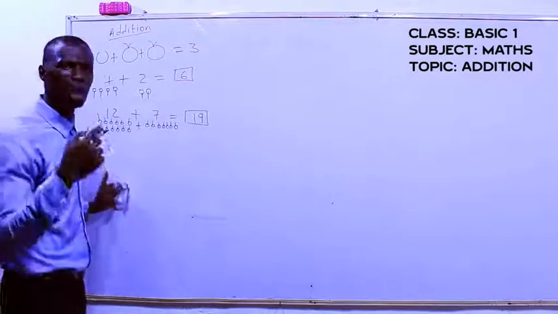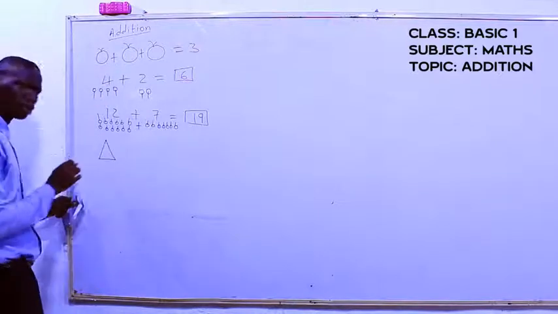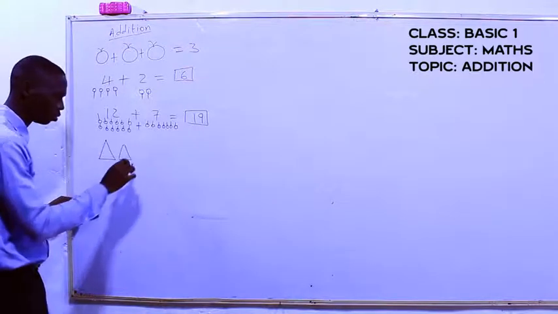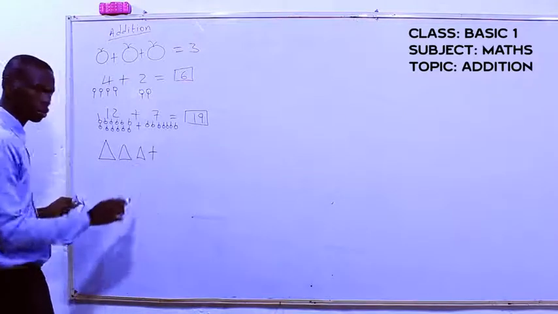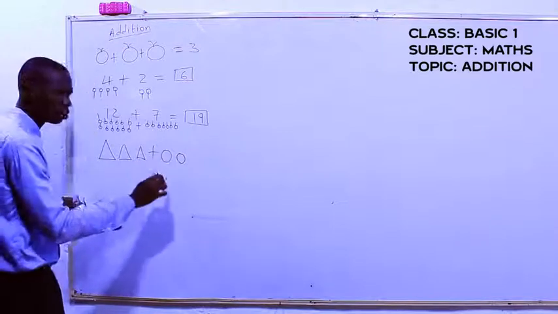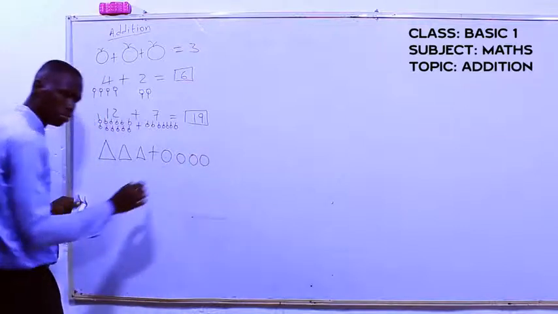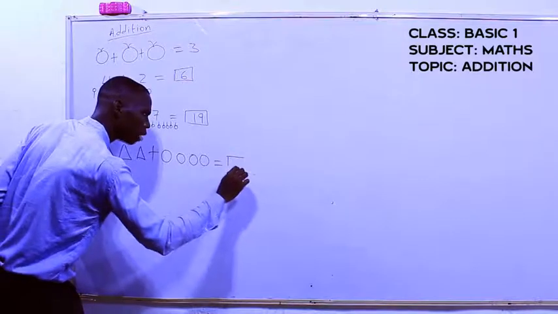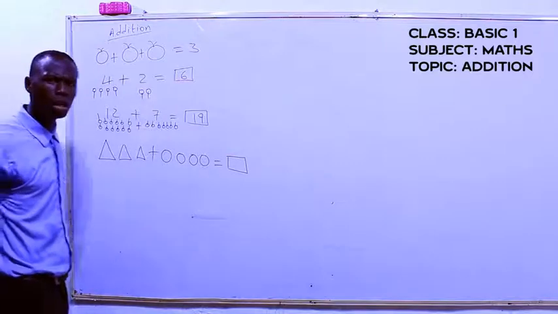Let's add objects together. What is this? One triangle, another triangle, another triangle, plus circle, another circle, or another bigger one. How many shapes are here? We have two, triangle and this. Can we join them together?